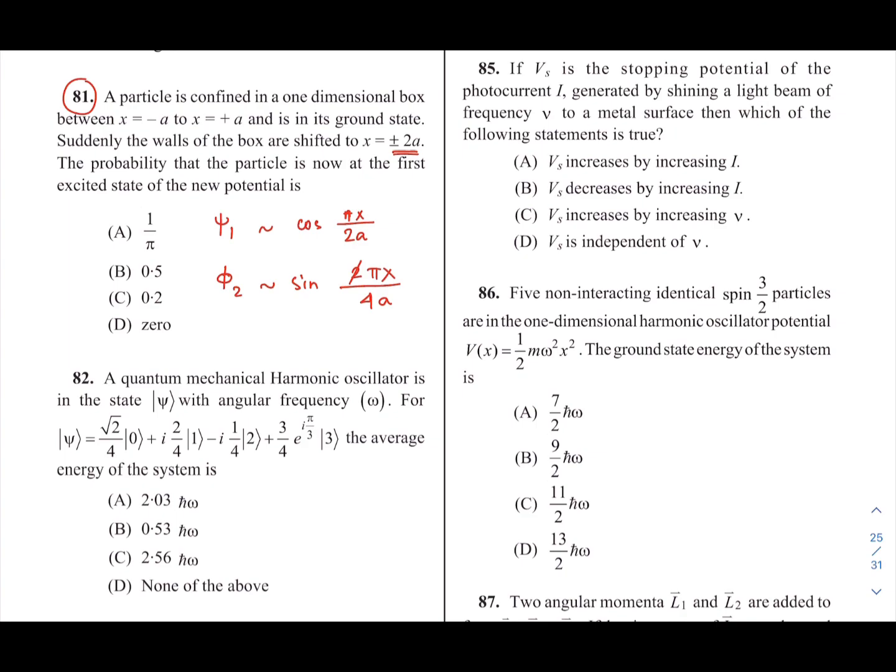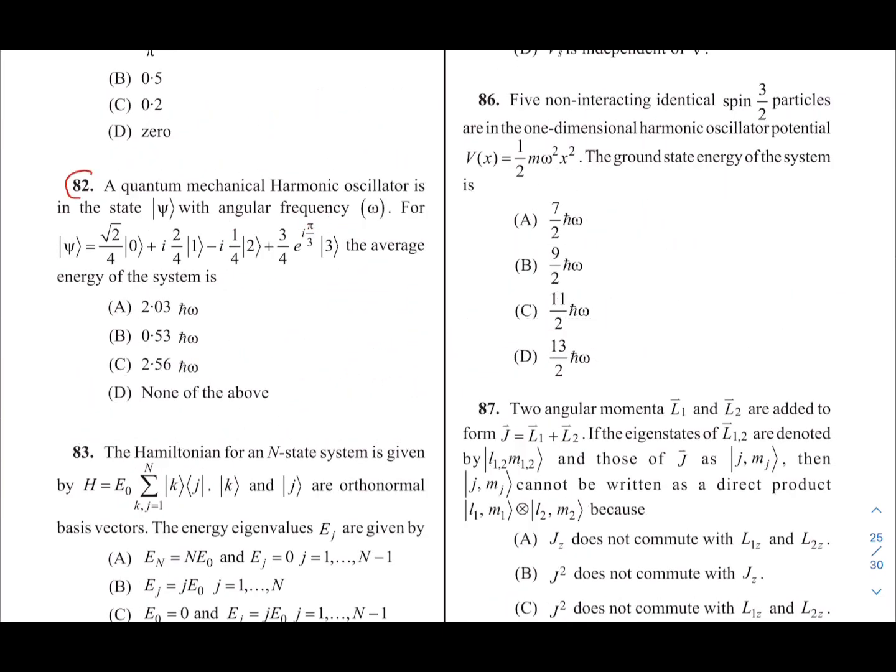So this is essentially sine pi x by 2a. So we have to take the integral of phi 2 star phi 1 dx from x equal to minus a to plus a. So we have an integral containing sine and cos functions. Due to their orthogonality, the integral would be 0. So option D is the correct answer.